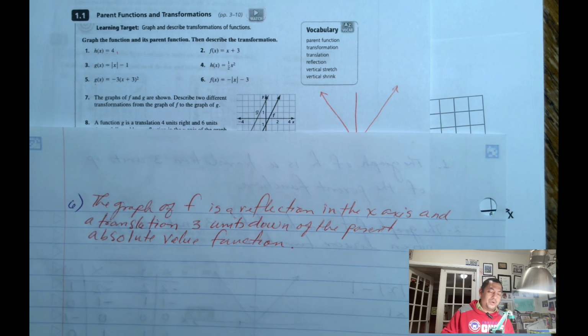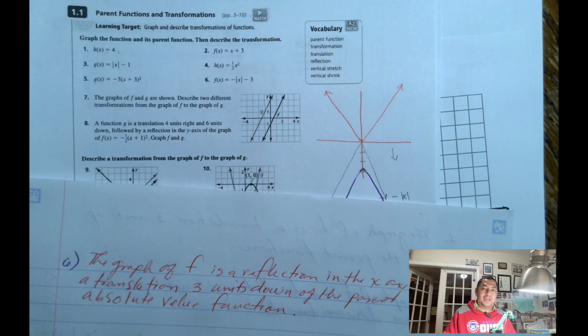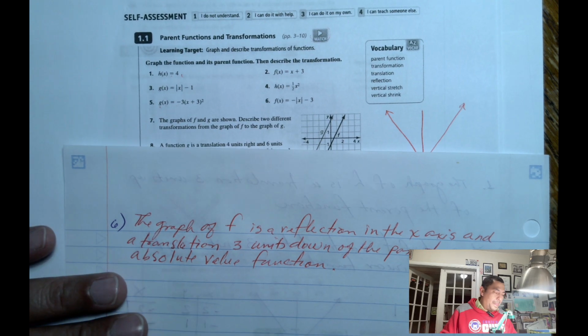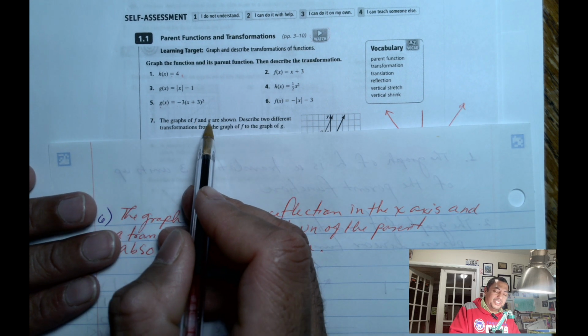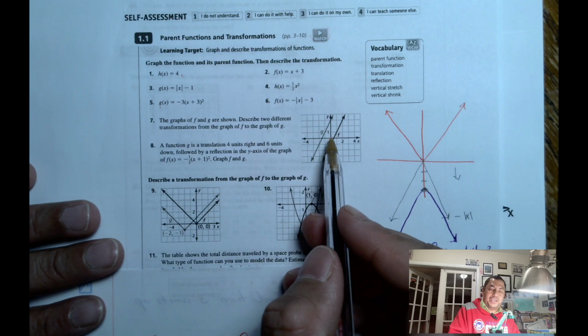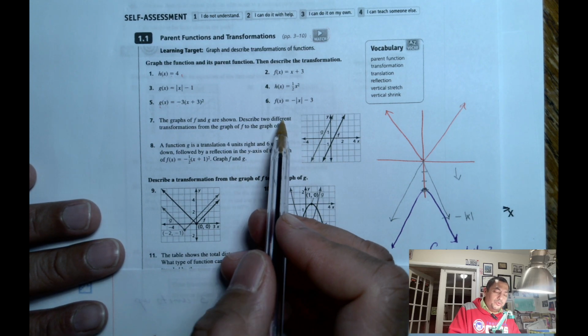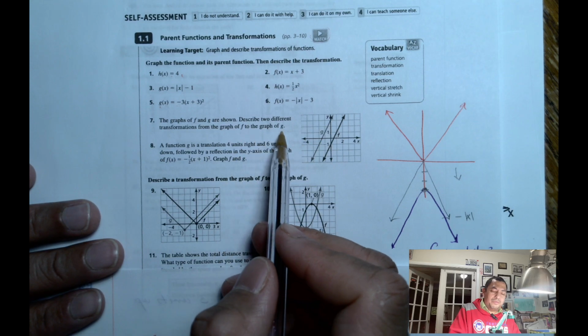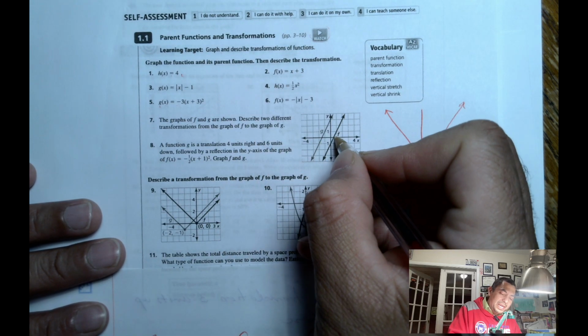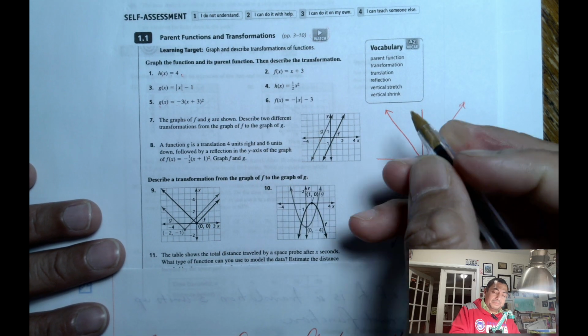I'm going to do number 7. Let's see how that problem is solved. What I have here is that the graphs of f and g are shown. So I have two graphs here. Describe the two different transformations from the graph of f to the graph of g. Now this is f and this is g.